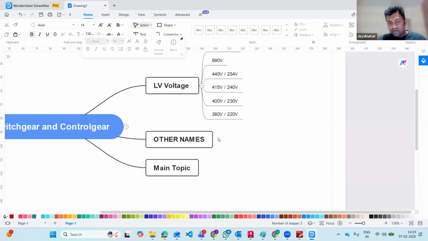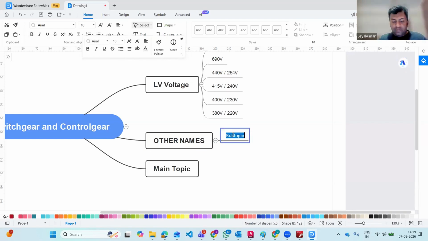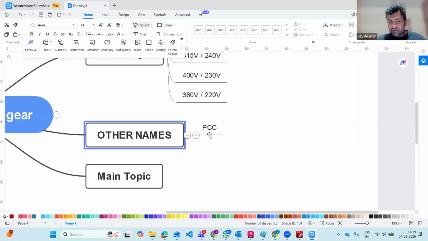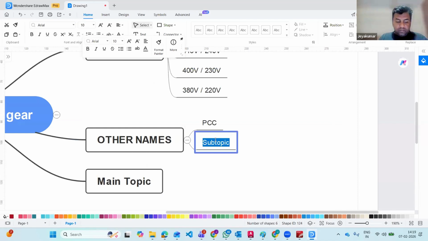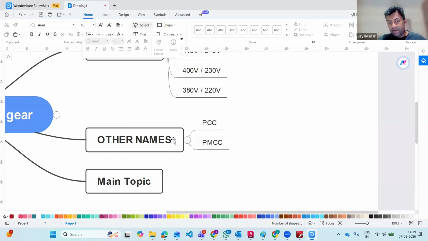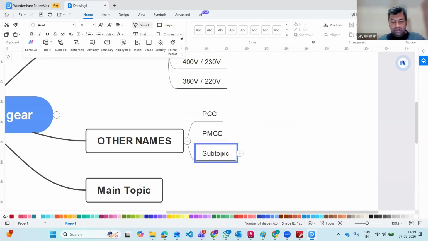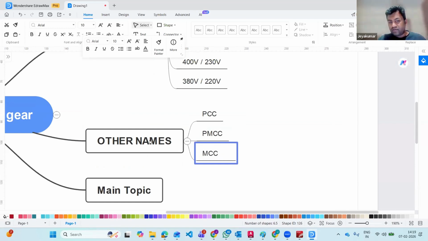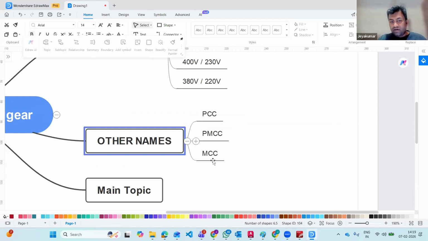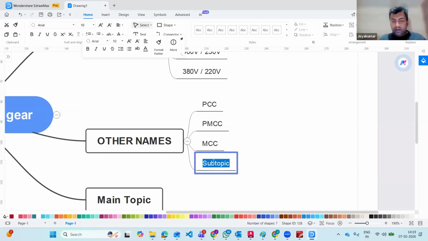So let's put other names, right? Let me add, some people call it a PCC. Why they are calling it that, we'll talk about that. PMCC, okay, and MCC, okay, PDB, power distribution board, right?